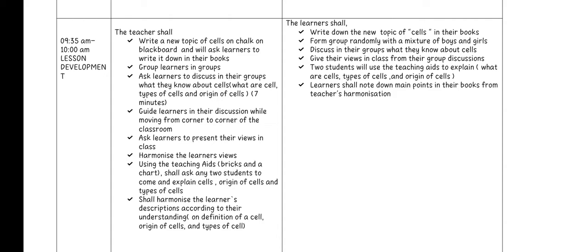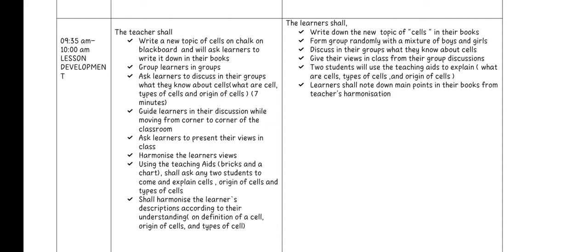The learners will write the new topic of cells in their books. Then they will form groups, mixing boys with girls randomly.